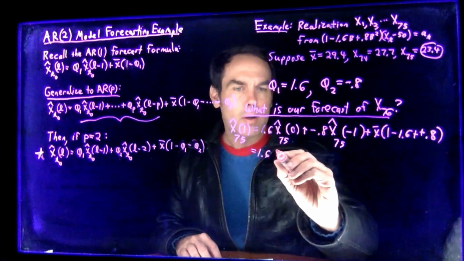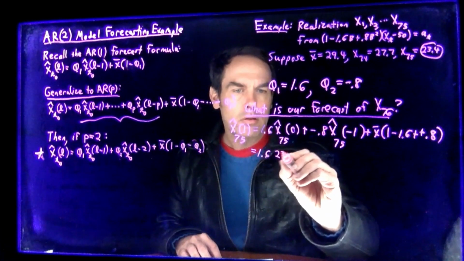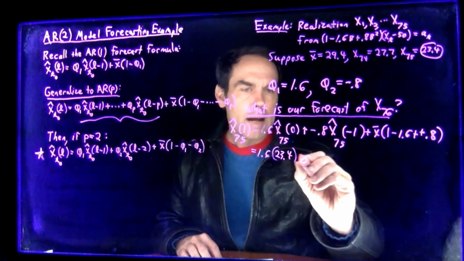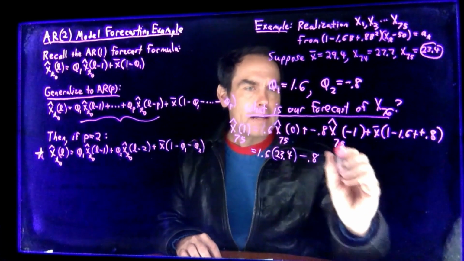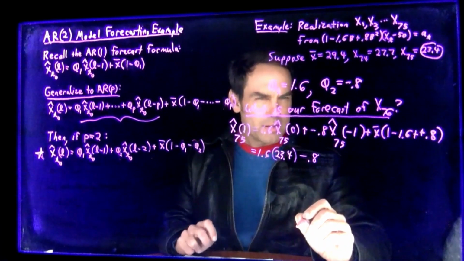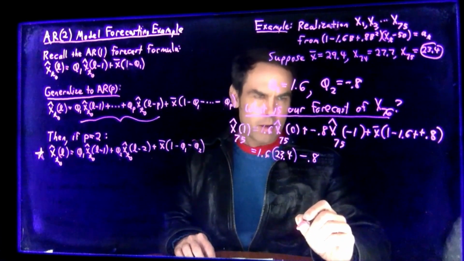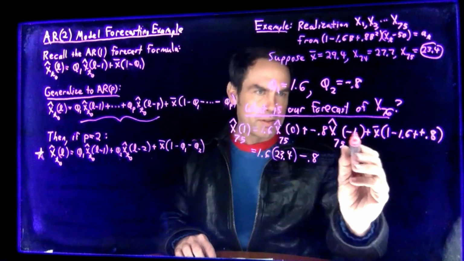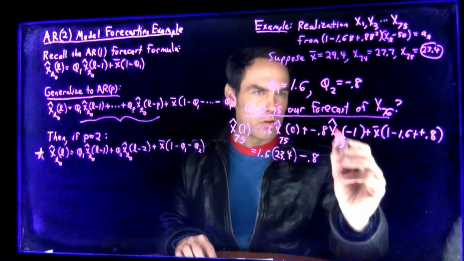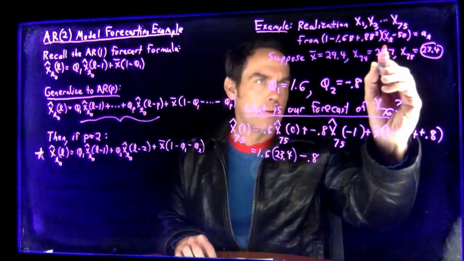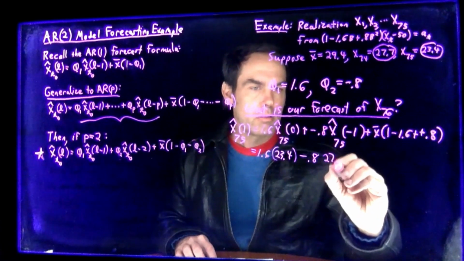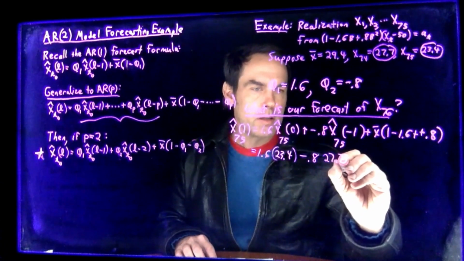So I have 1.6 times 23.4 minus 0.8 times x hat of 75 of negative 1. Well, what's x hat of 75 of negative 1? It really means one step behind 75. So really it means x of 74, which is also a known data value, 27.7. So that's what goes in here.